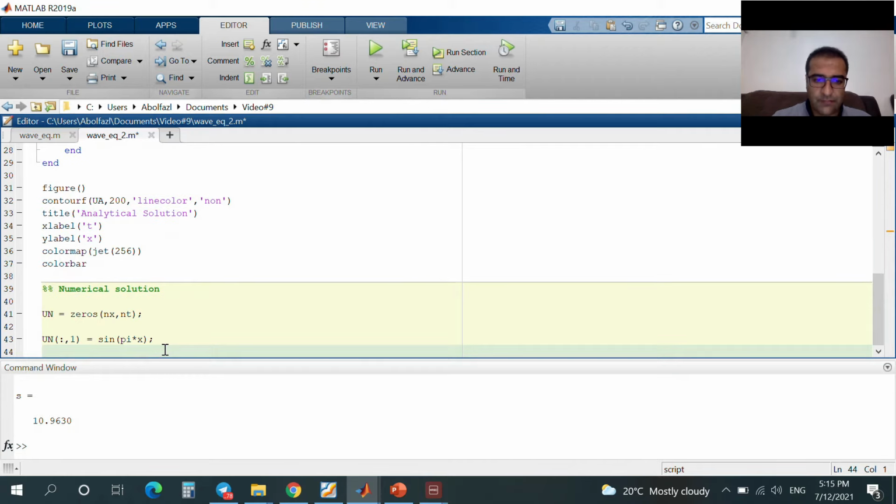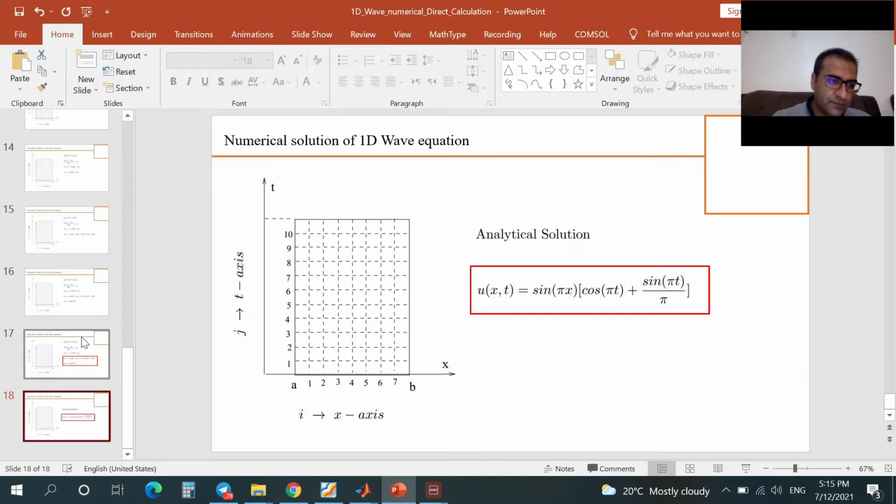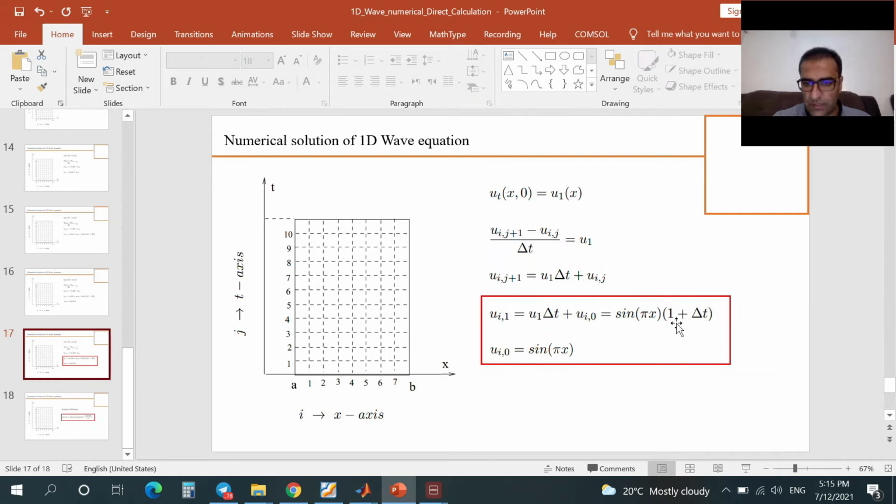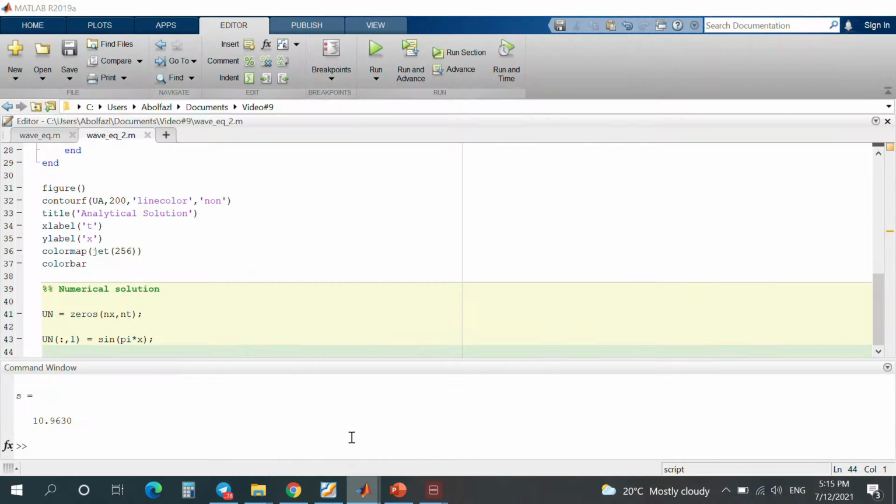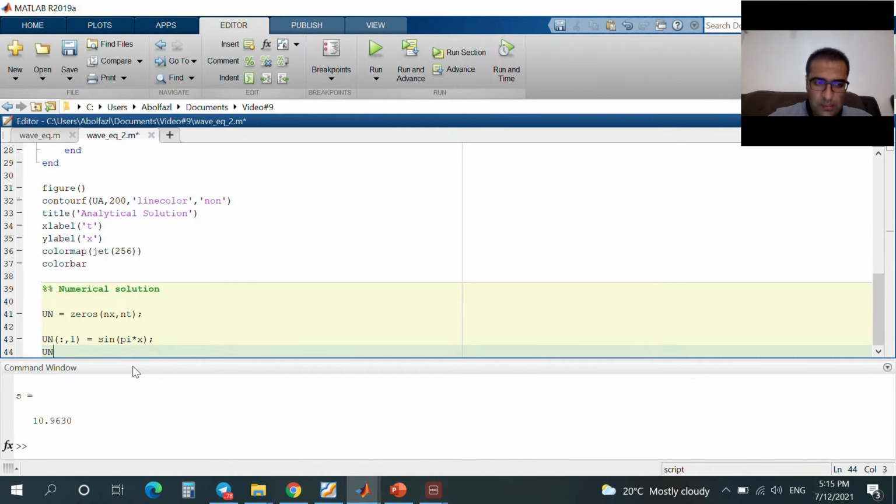What else? We find out that if we refer to the slides here, we also have such a condition for this position. It means that in the second grid, the one grid after the initial grid, we have sin pi x multiplied by 1 plus delta t. So UN at all positions, in the second, should be sin pi x multiplied by 1 plus dt.